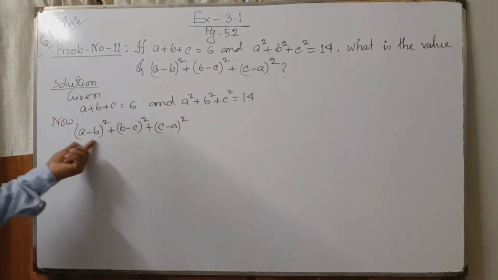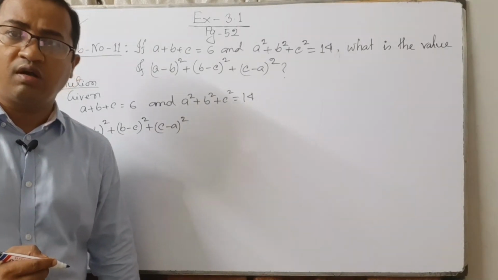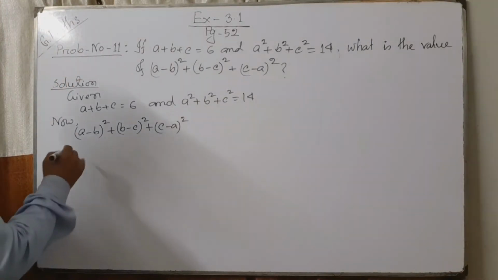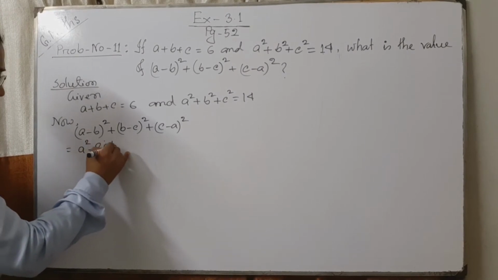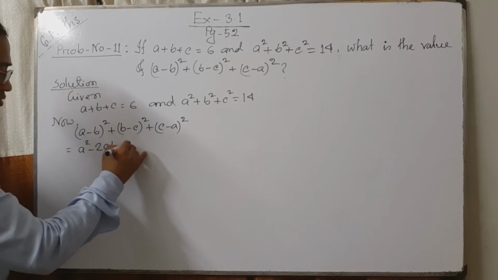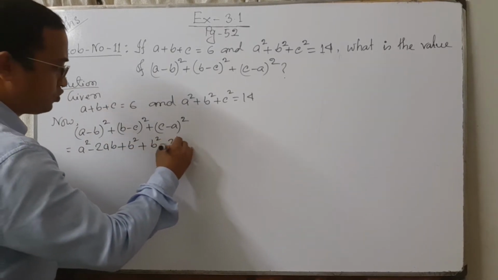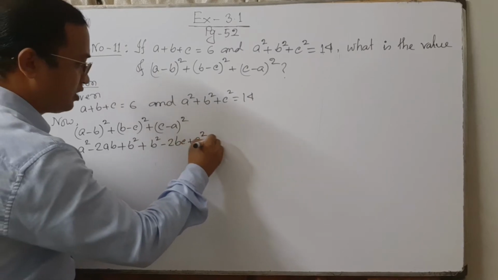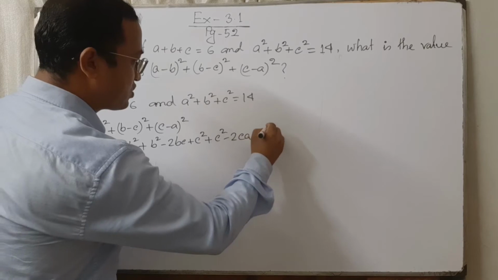Now look, these three are separately the formula. We will use the a minus b whole square formula. That is a square minus 2ab plus b square, plus b square minus 2bc plus c square, plus c square minus 2ca plus a square.